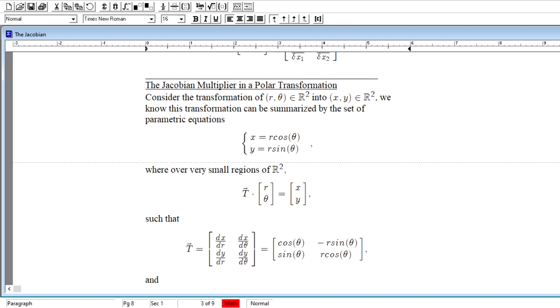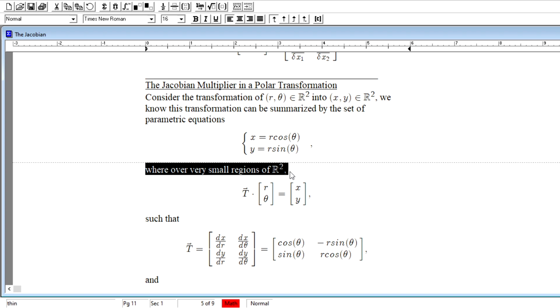If we do consider this happening over very small regions, it can be approached within the linear context. The transformation that happens linearly would be very similar to and become a good approximate of the transformation that's happening here in the polar context.